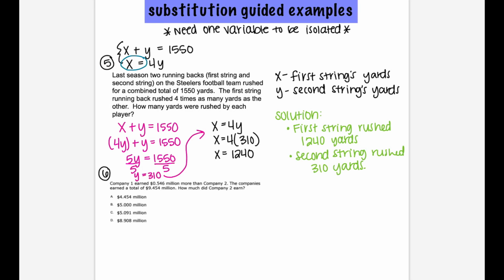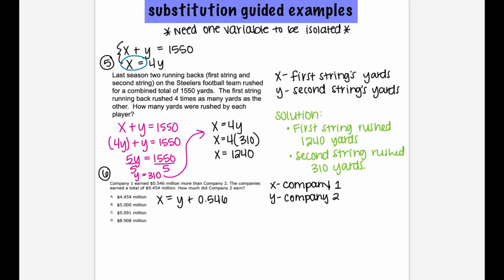All right, so let's start by writing our two equations. Company 1, we'll let that be X. Company 2, we'll let that be Y. All right, Company 1, which is X, earned $0.546 million more than Company 2.